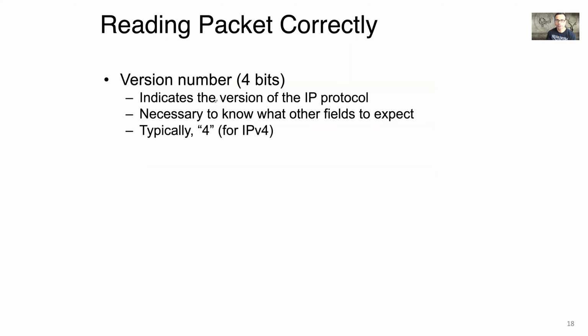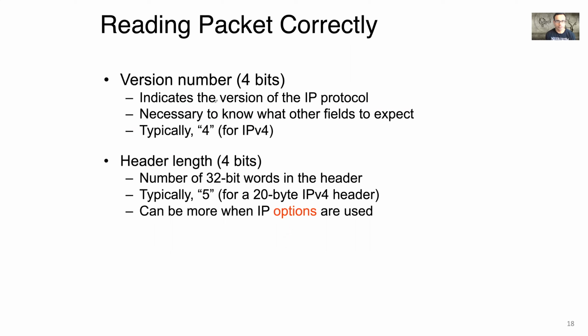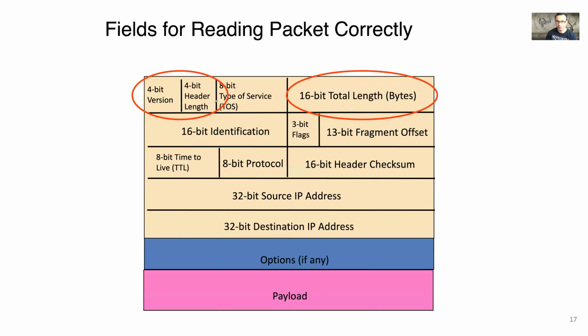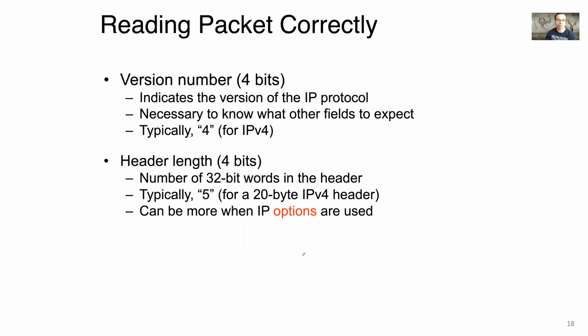So the header is specified as a multiple of 32-bit words. So the typical header, if you disregard the options, is 20 bytes. So all of this makes up 20 bytes. So if you disregard options, the normal size of the header would be 20 bytes, which is denoted as 5, because the value there is a multiple of 4 bytes, essentially.